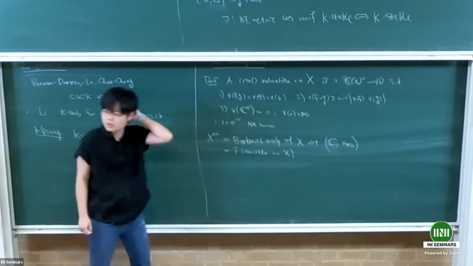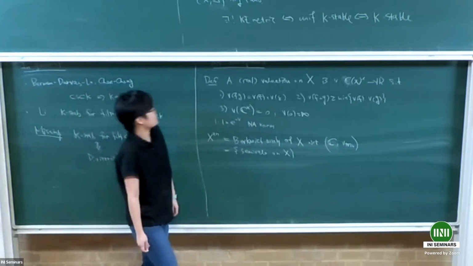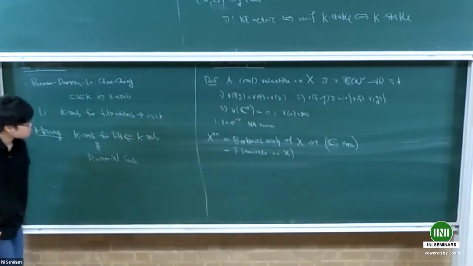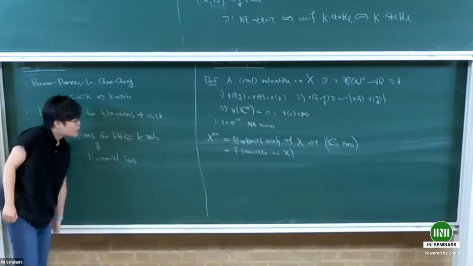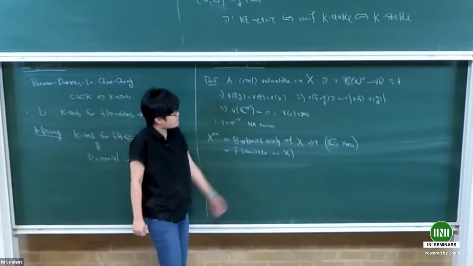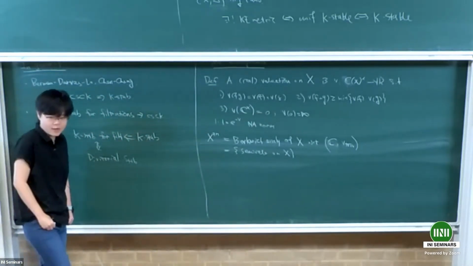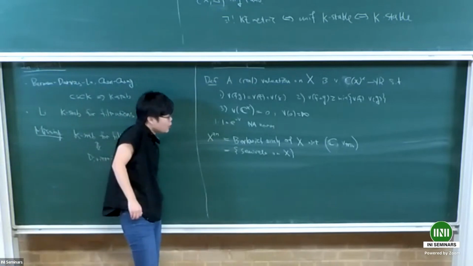Norm, yeah, on the function field. Right, so as I said, it's just the set of semi-valuations on X, which are valuations on subvarieties of X.